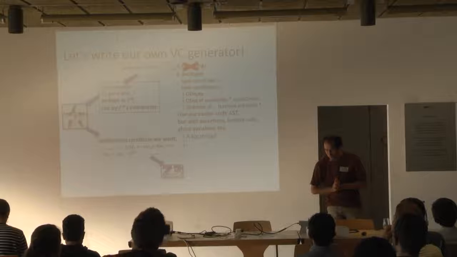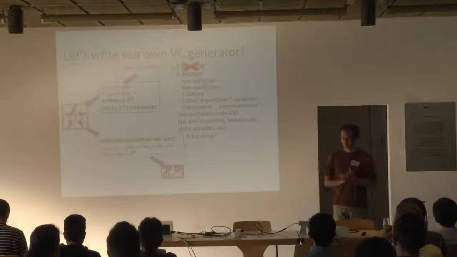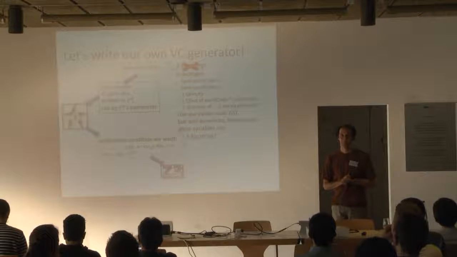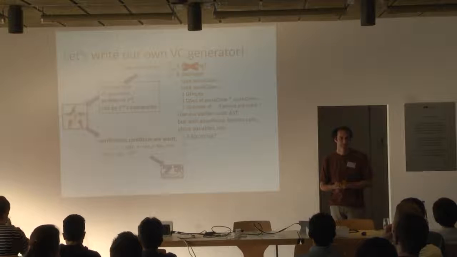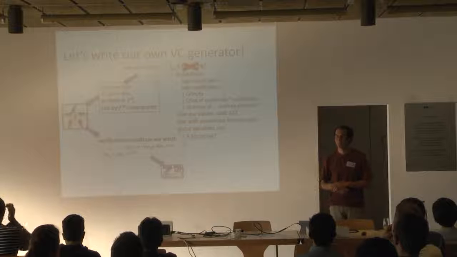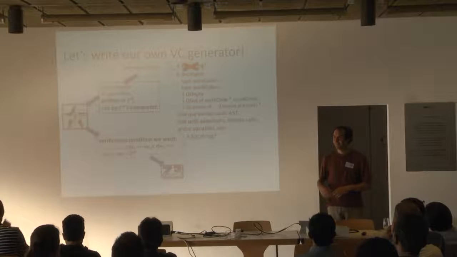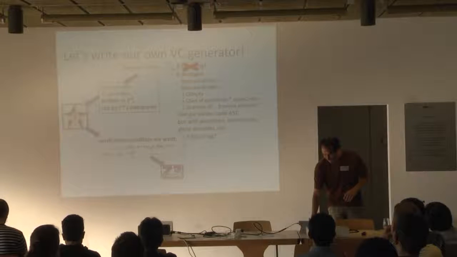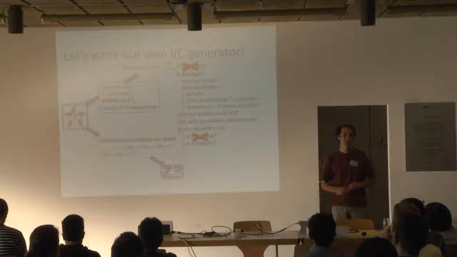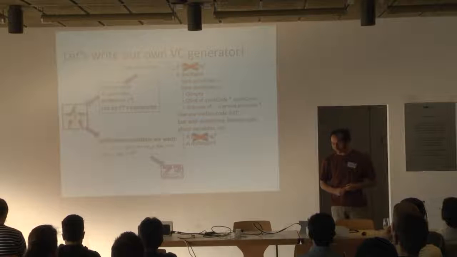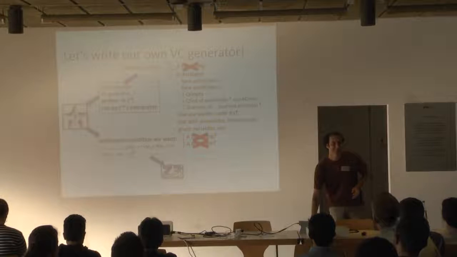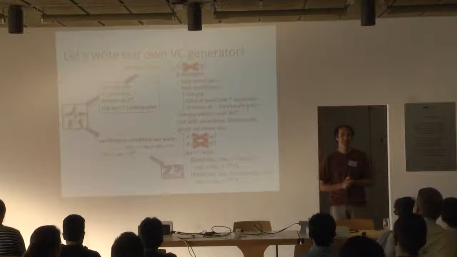Let me just go on to what we want the output of the verification condition generator to be. And again, we could just generate a string that gets sent to Z3. But if we're going to prove the soundness of this, I don't want to prove the soundness reasoning about strings. So we could use a data type again. I think that's too hard. So we can just generate an F-star term.